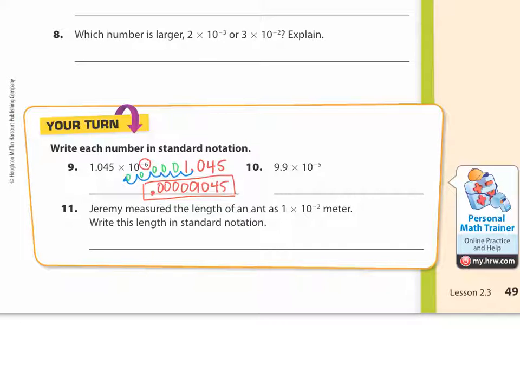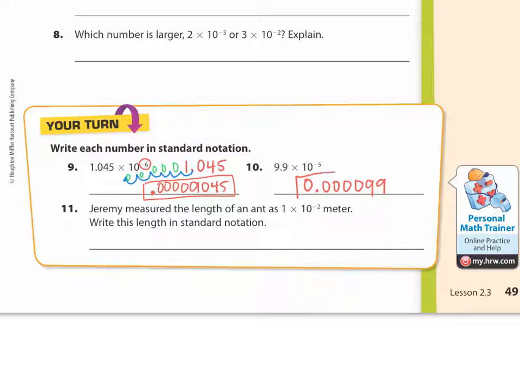Okay, if you haven't tried any on your own yet, please pause it. Try number 10 and 11, and then you can check out the solution. Number 10, I'm not going to show the working or anything for this, but you're going to end up with 0.000099. It's a preference of mine, but I like to see the 0 in the ones place.